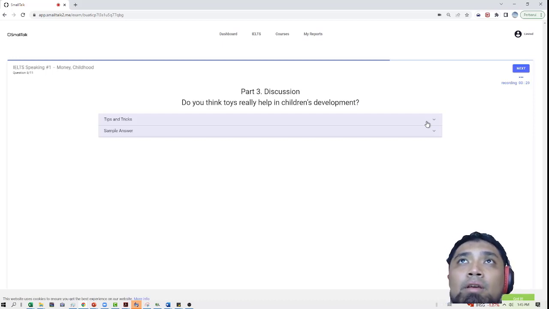For example, they can train our creativity, improve our cognition, and of course make us happier. So they create a good exercise for our mental and physical health, and give us so much development.